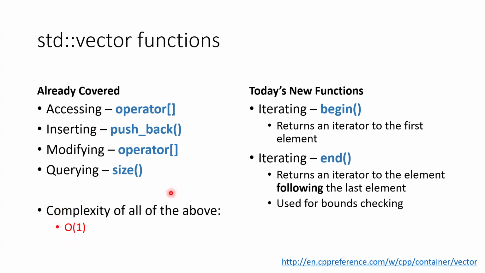And today, we're adding the two functions begin and end, which return an iterator to the first element and to the element following the last element for the end. So the end is used for bounds checking, for checking whether we're iterating out of bounds.